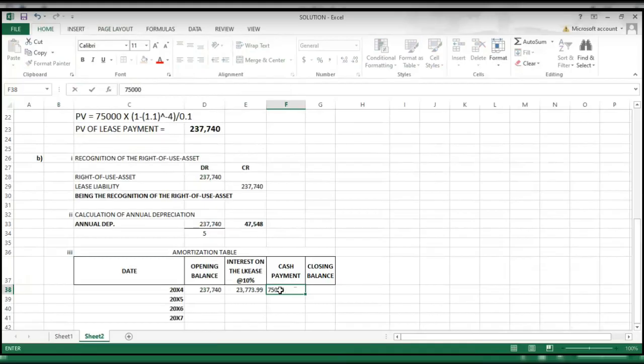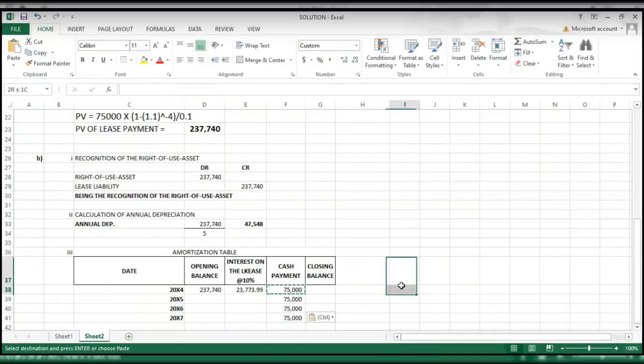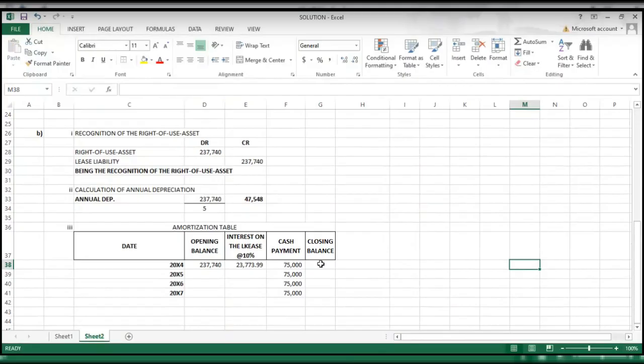That's the cash payment paid over the lease every year, and that is exactly what is paid for the remaining 3 years. So that is constant. Don't forget that's the reason why we call it an annuity, constant cash flow, 75,000.